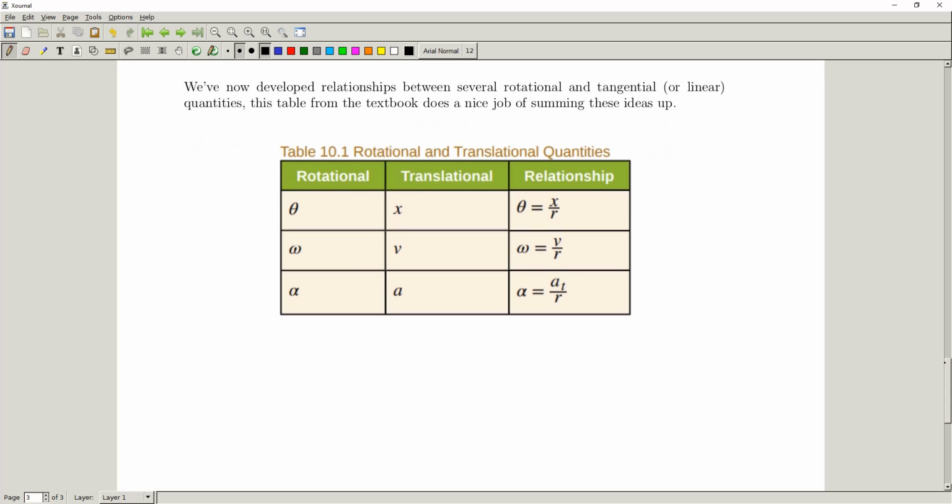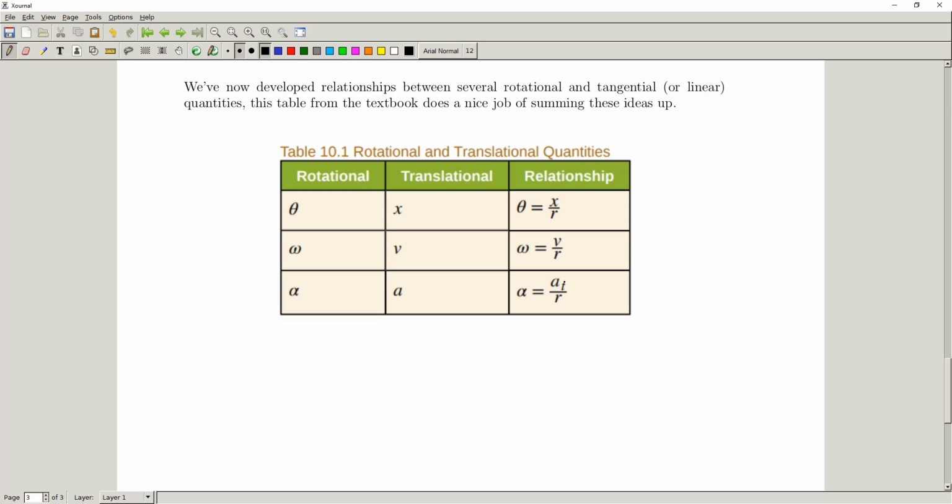When we talk about rotation angle theta, angular velocity omega, and angular acceleration alpha, and then think about translation or linear distance x, our linear velocity and our linear acceleration, we can write down all these relationships, right? These are three very useful relationships that we're going to use over and over.